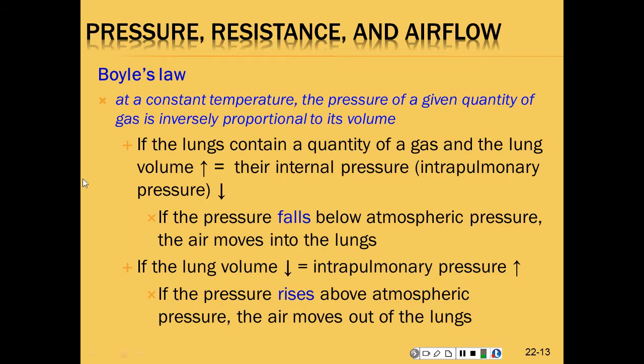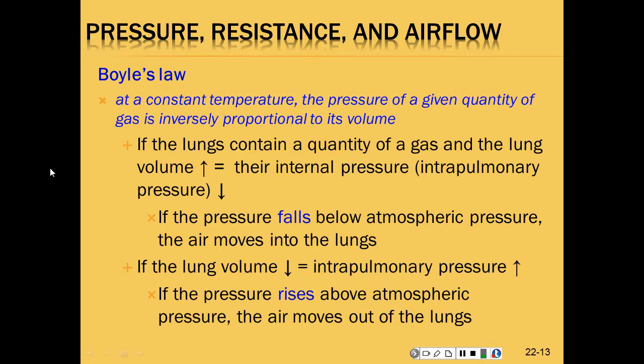So if I have a temperature of just say 30, my pressure is inversely proportional to the volume. If the lung contains a quantity of gas and the lung volume increases, then the internal pressure is going to decrease.